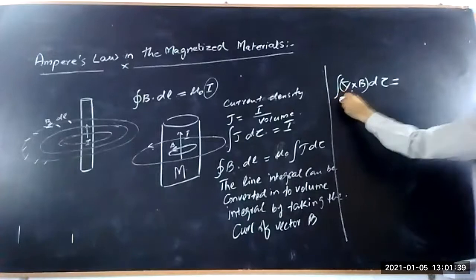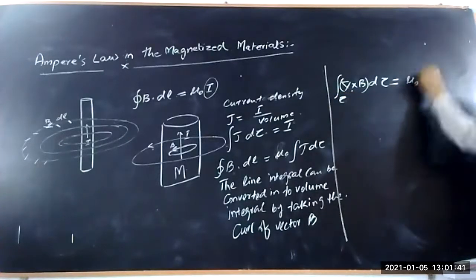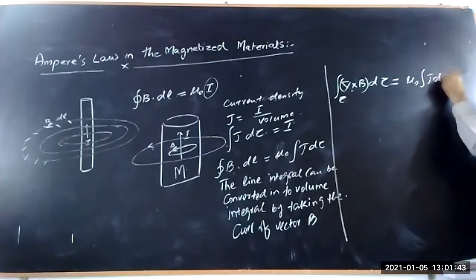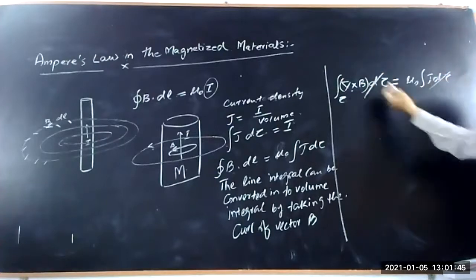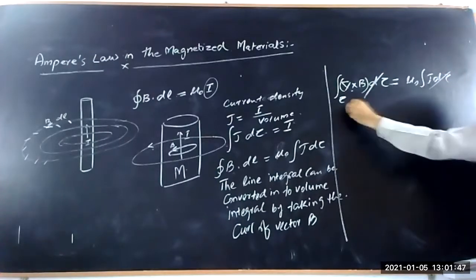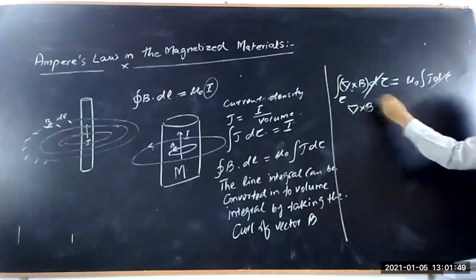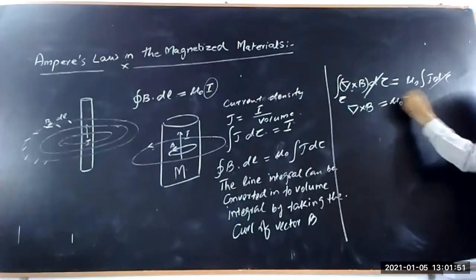Now the volume integral is equal to mu naught J d tau. The volume integral on both sides is the same, so that can be cancelled out. So curl of B is equal to mu naught J.